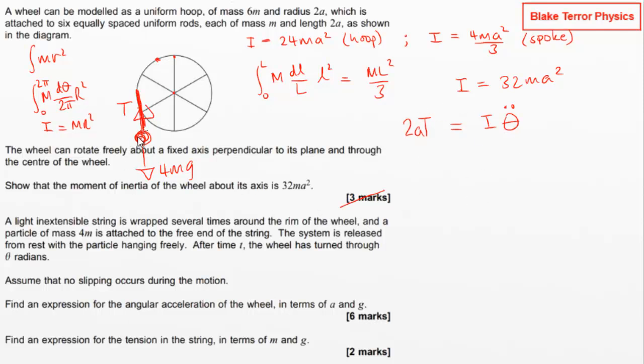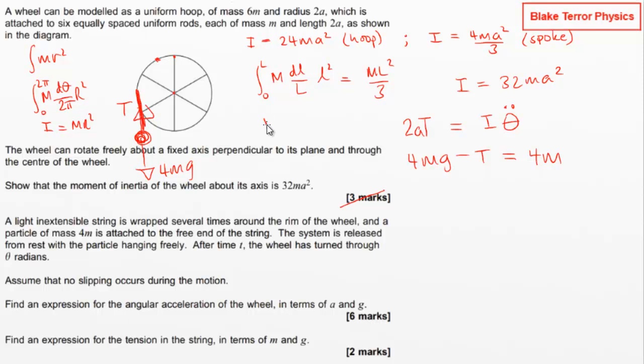The other one is going to be on the particle itself that's hanging down, which has a net force 4mg minus T, equal to the mass 4m times the linear acceleration. And we can switch between linear acceleration and the angular acceleration of the disk, because they must be related.